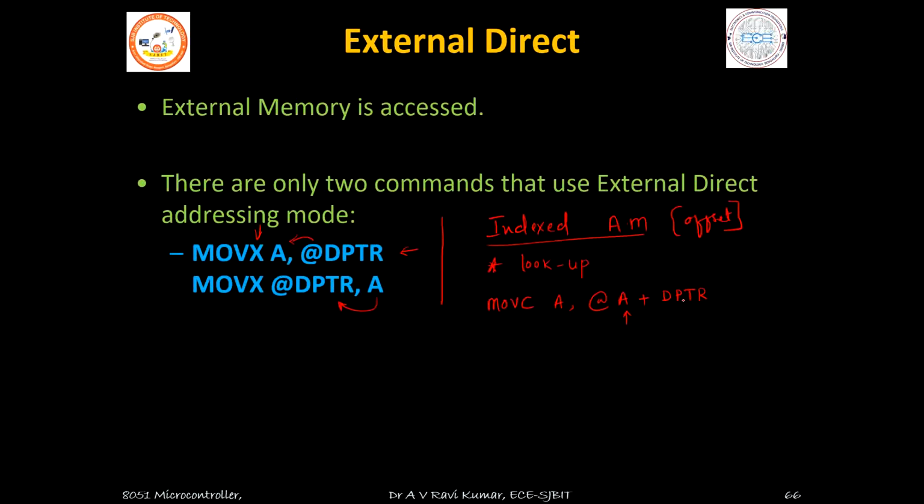Whenever A is 0, it is similar to the plain DPTR instruction. Similarly, I can take the program counter: MOVC A, @A+PC. These two instructions are used to access data from your lookup table.